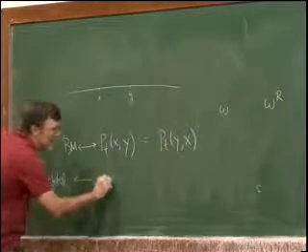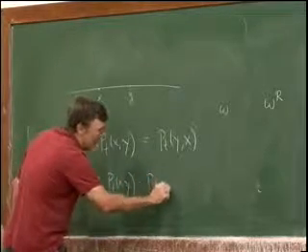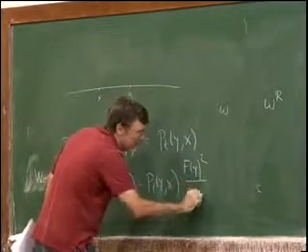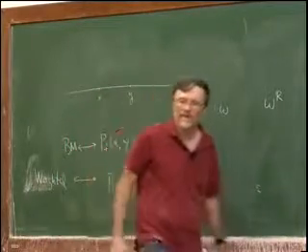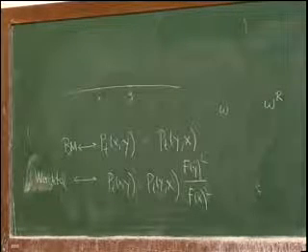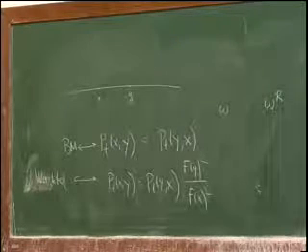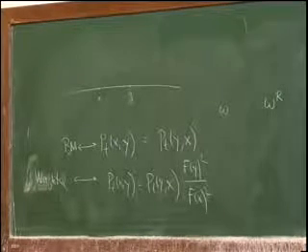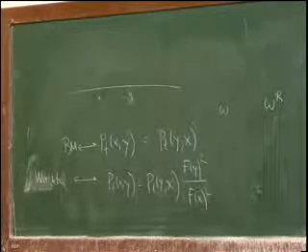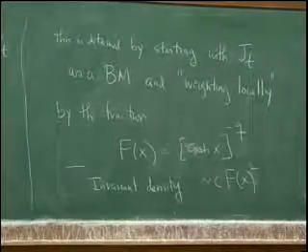We get p_t(x,y) equals p_t(y,x), but with f of y squared over f of x squared. And what you get is that the invariant density should be a constant times f of x squared. That's the key fact.